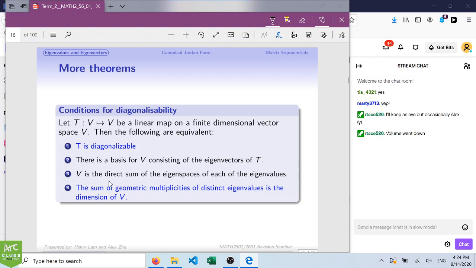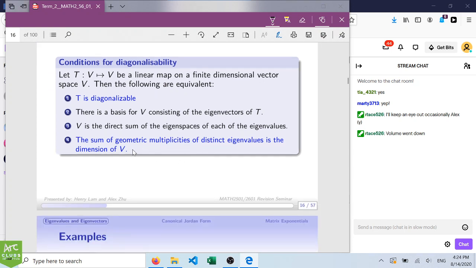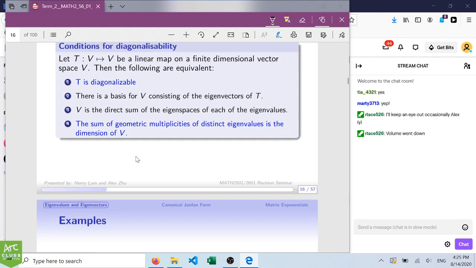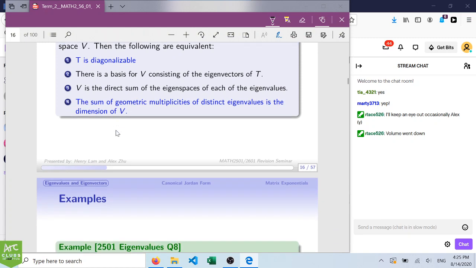The third part, V is the direct sum of eigenspaces, so that's just kind of like taking a disjoint union of the set of eigenvectors. That's also true, but it's not really useful. But the last one, the sum of geometric multiplicity of distinct eigenvalues is the dimension of V. So the last part is pretty much what you need for diagonalizability.